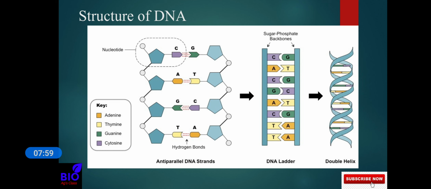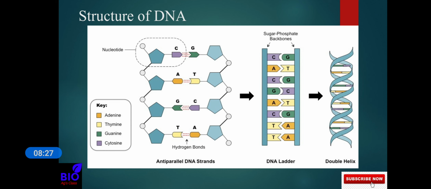The two strands are held together by hydrogen bonds. I mentioned it before. If you haven't heard it, please rewind the video again. Basically, this DNA is composed of deoxyribonucleotides. As I said, deoxyribose plus nucleotides.